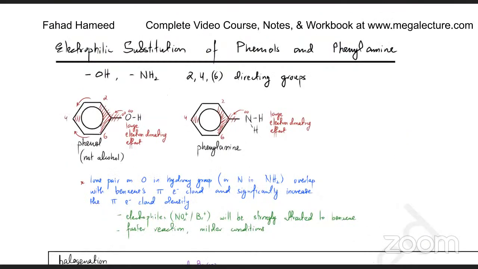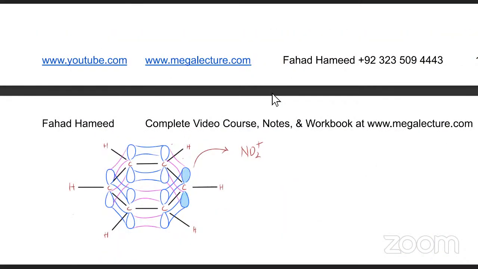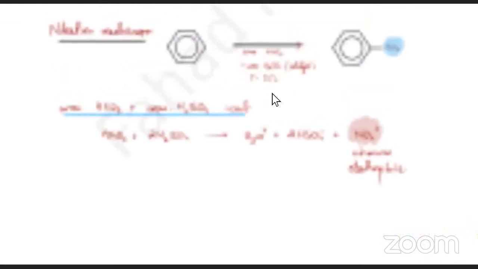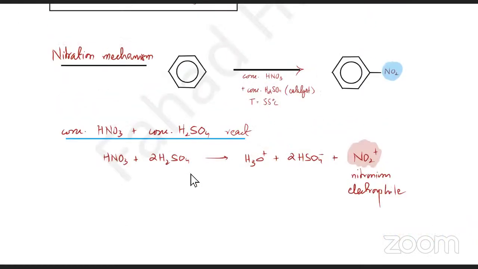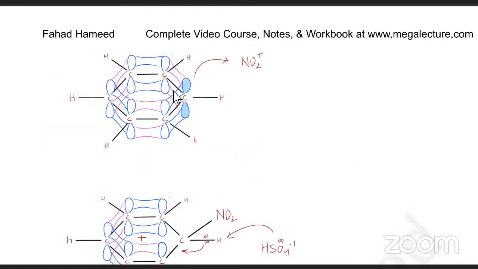That's given in the notes: how is NO2+ formed? Nitration is a 2-step reaction in which the first step is that you produce NO2+. You have to remember this equation: nitric acid plus sulfuric acid ends up forming the NO2+ electrophile. And then that electrophile goes and binds to the benzene.